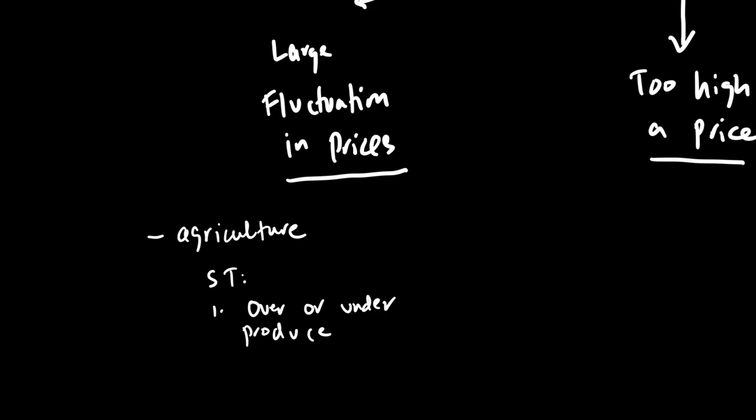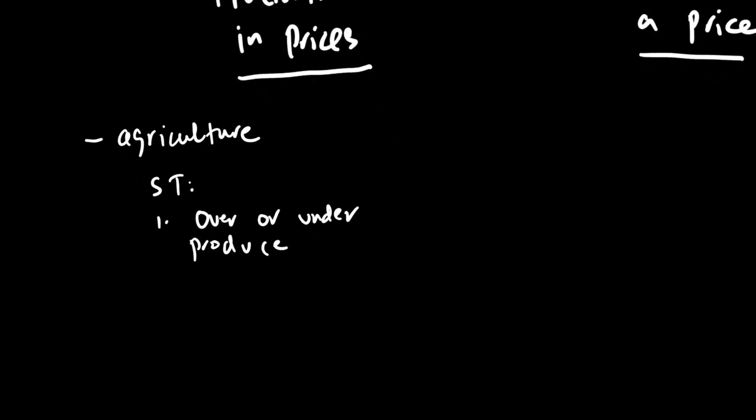The second thing that happens when it comes to the fluctuation in prices has to do with the idea that in the long run, if the price is fluctuating, we will have a problem of under or over investment.